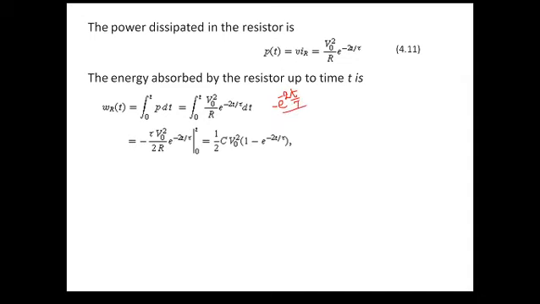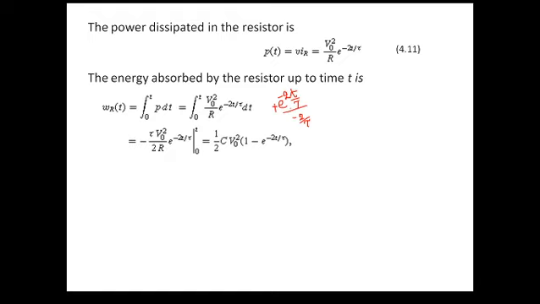So what you will get here is minus 2 by tau in the denominator; writing it in terms of this, it comes as minus tau by 2.